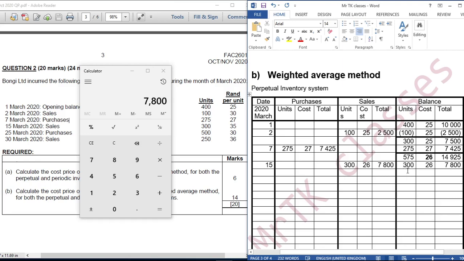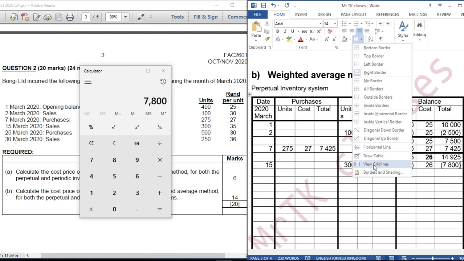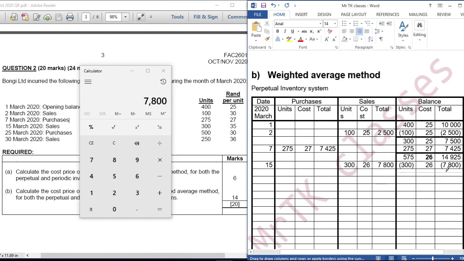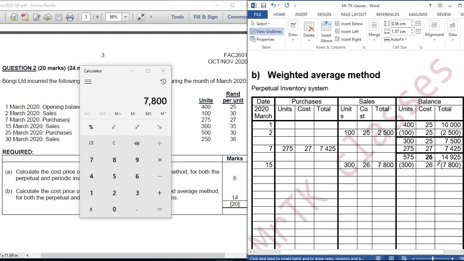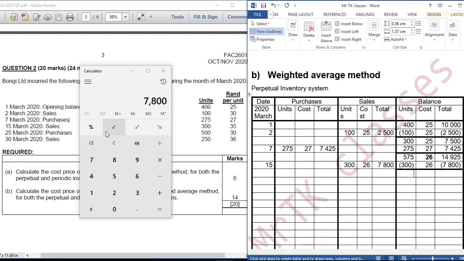So let us come here. This is a cell, right? We need to put our border here. We say 575 subtract 300.